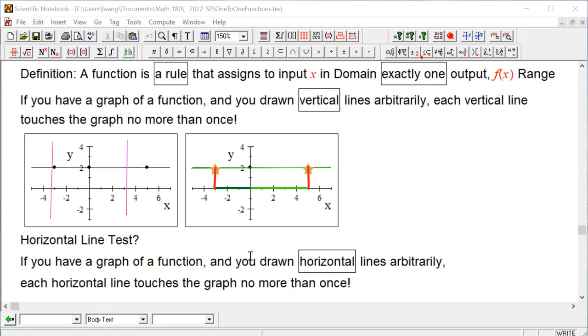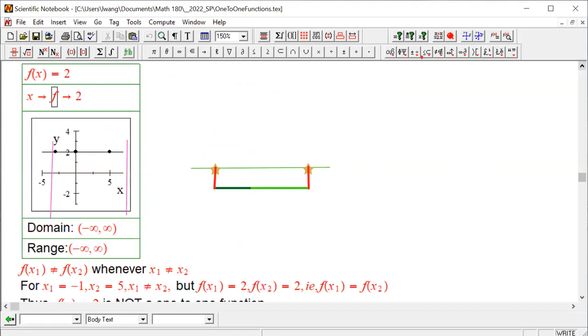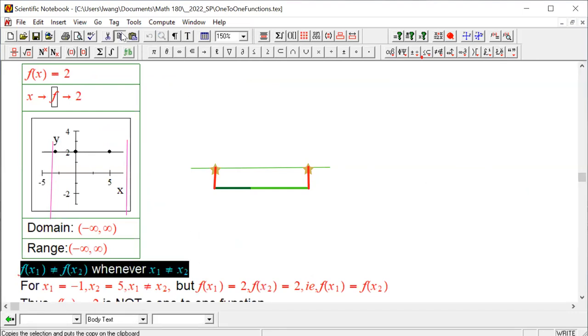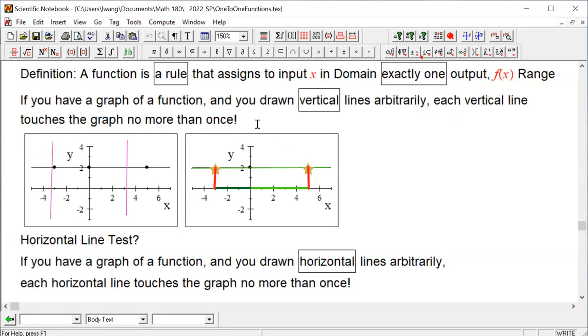Okay. So the definition of one-to-one function, which I'm going to put over here. Let me move it around so I don't make a mess. Whenever. This is the definition of one-to-one function.